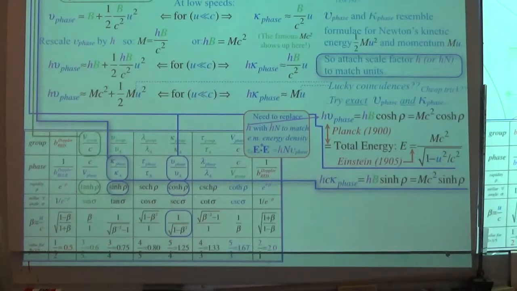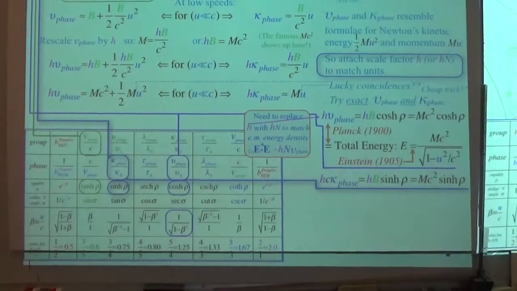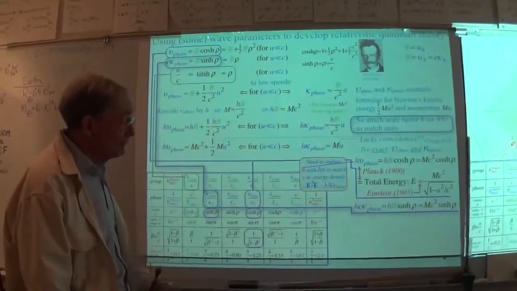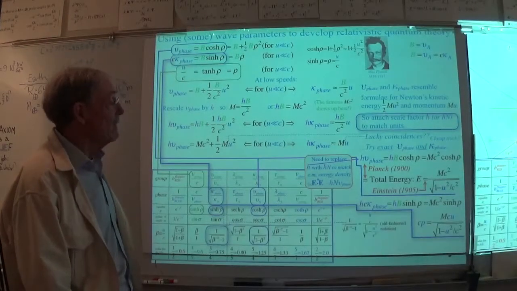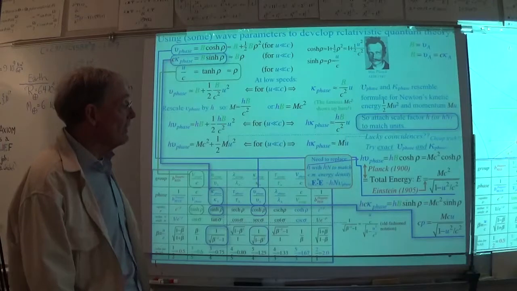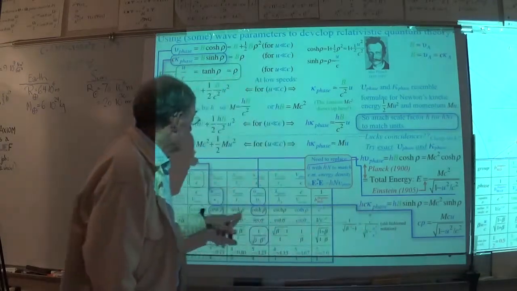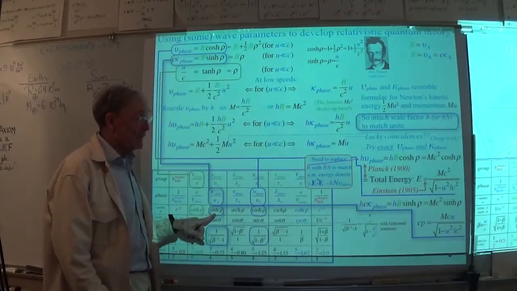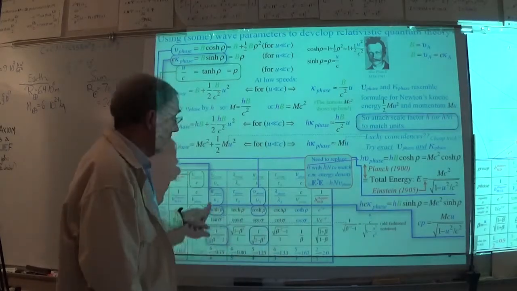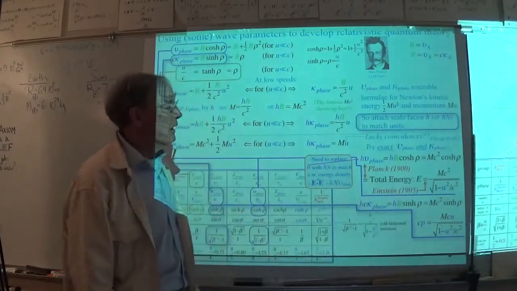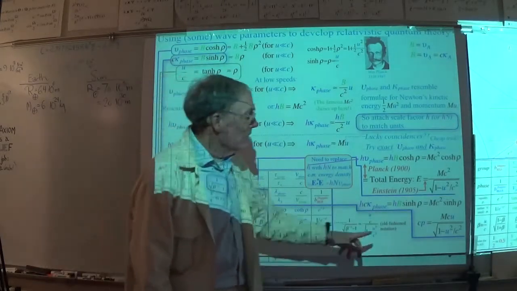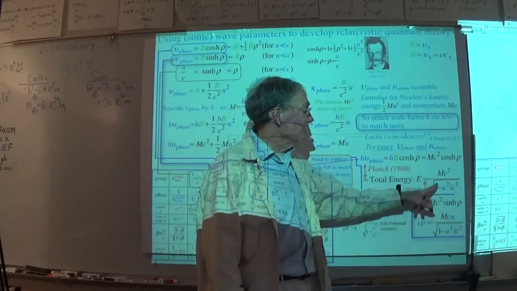Next topic, and this is 1921 now, 21 years after Planck started in 1900, or 16 years after Einstein redid some of this stuff of Planck and got relativity going. We do this. And look what happens. This K phase right here is a hyperbolic sine. And it takes just a little bit of manipulation of the old-fashioned notation to produce the well-known formula for momentum. Now the c squared disappears.